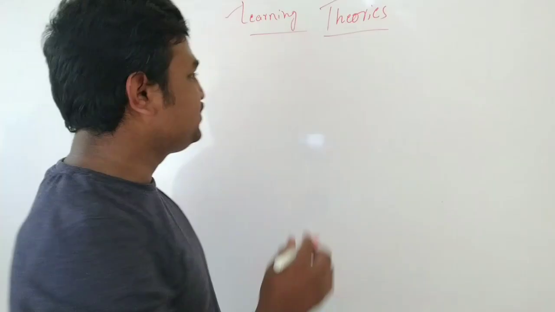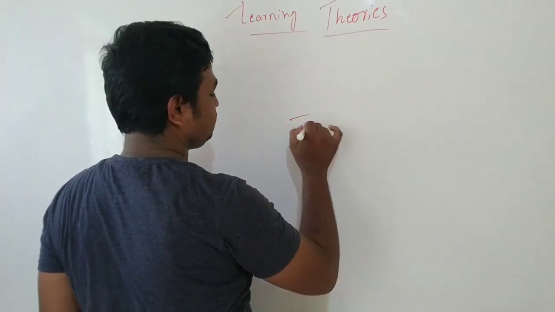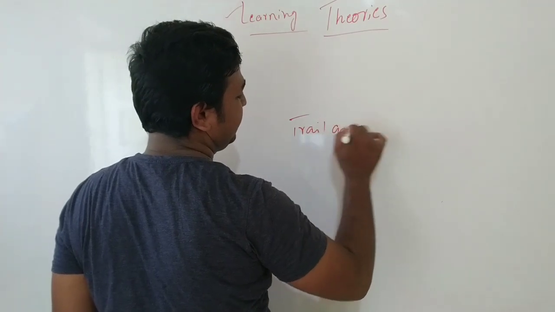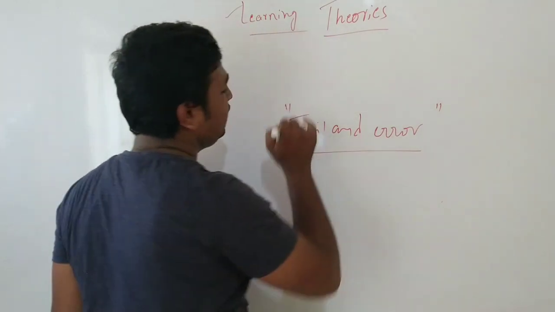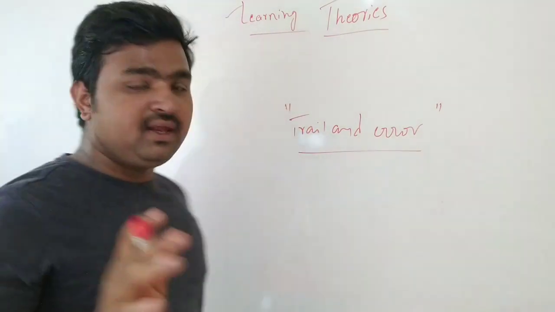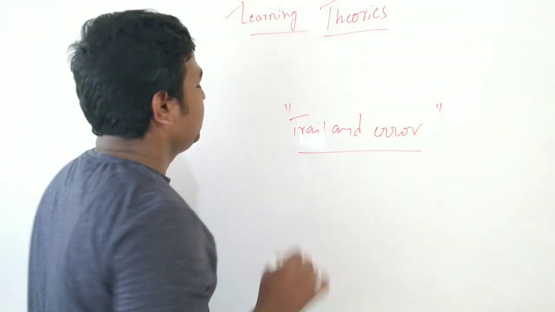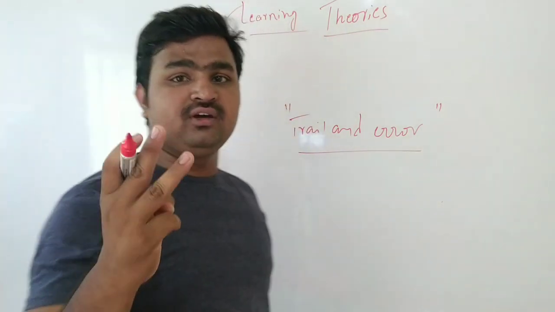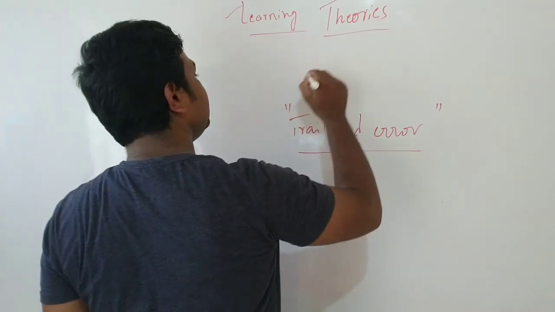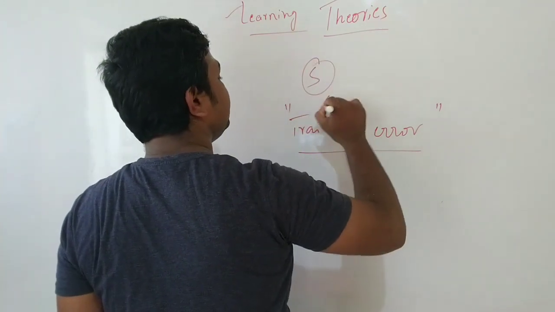His theory is trial and error. Before this, in his theory he mentioned three main important terms. First one, S stands for stimuli.